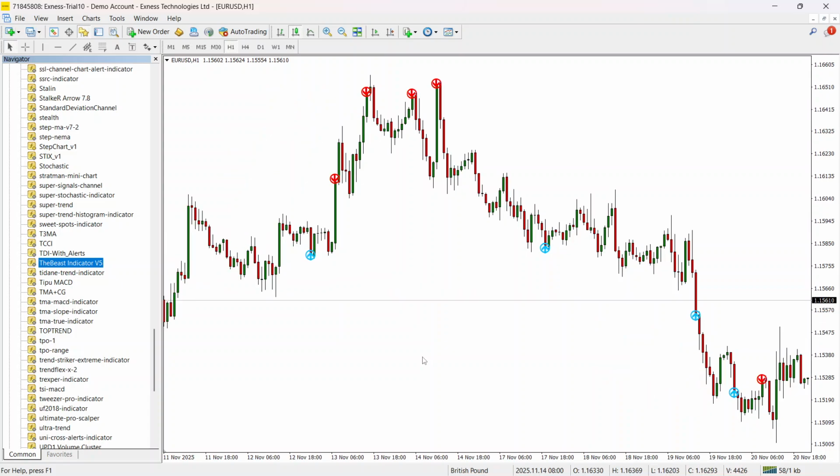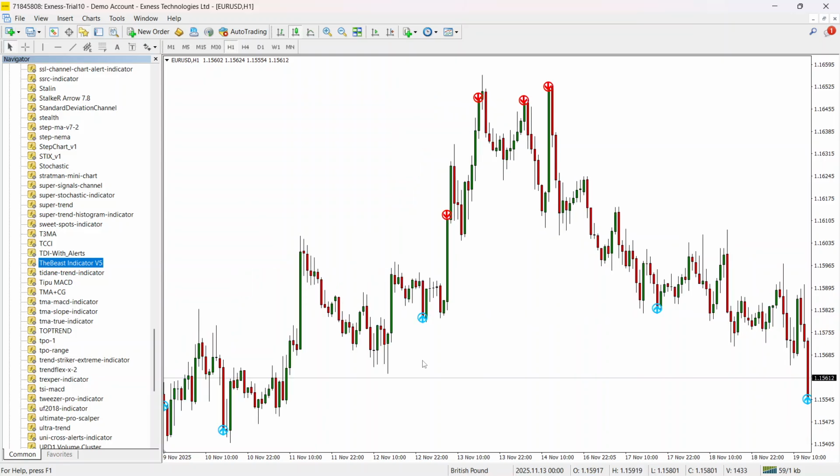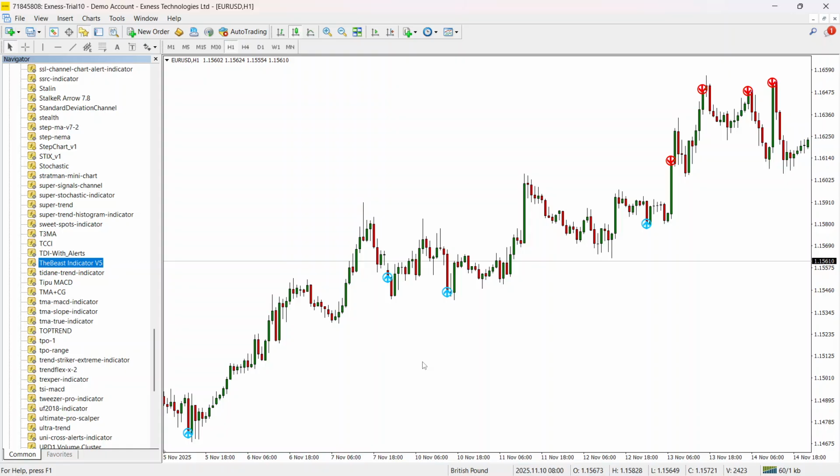Now the synthetic base indicator plots colored arrows directly on the main chart at points where its internal conditions line up.